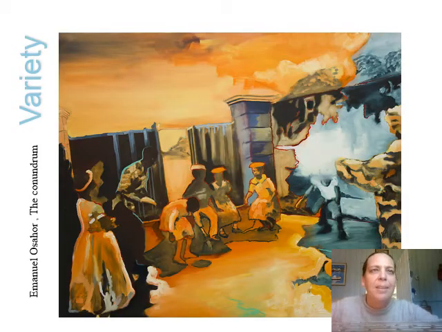Here's another great example. Manuel Ozahor is a Canadian painter, and here you see variety in the unfinished spaces around the figures. Especially look at this region on the right that's blue and has a sharp outline around it.